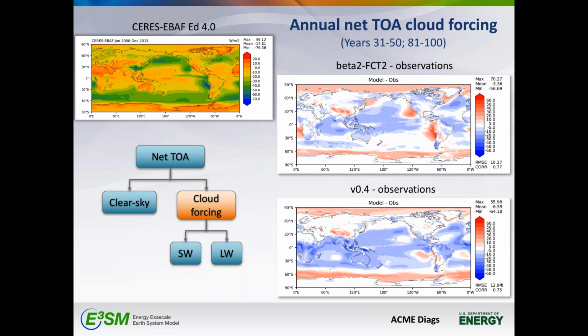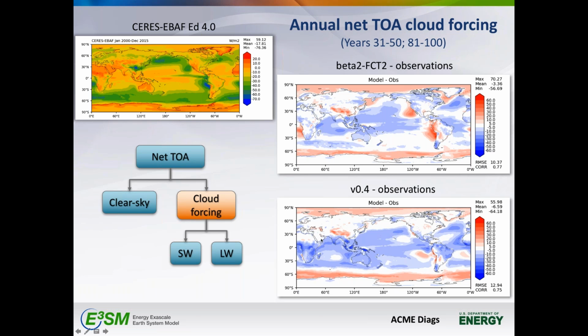Now, focusing on the cloud forcing at the top of the atmosphere, you see some of the same features. So clearly the deficiency in the net radiation in the stratocumulus region comes from the cloud. It's not a surprise. You see some improvement over the tropical region, but we still have biases there.